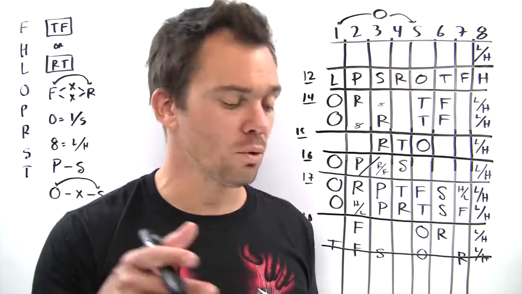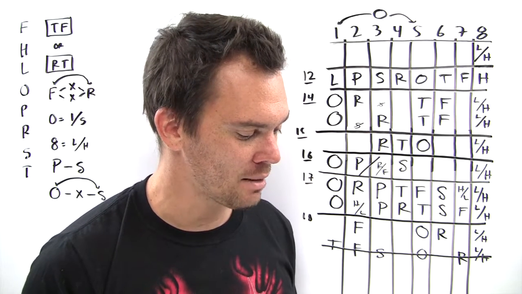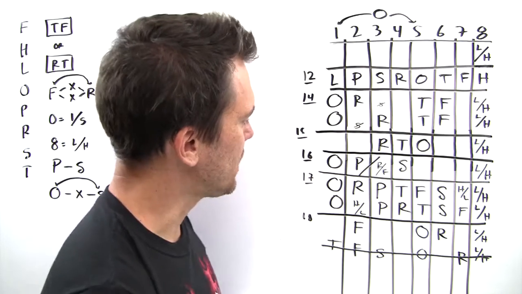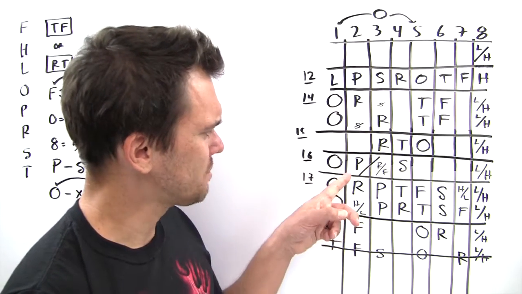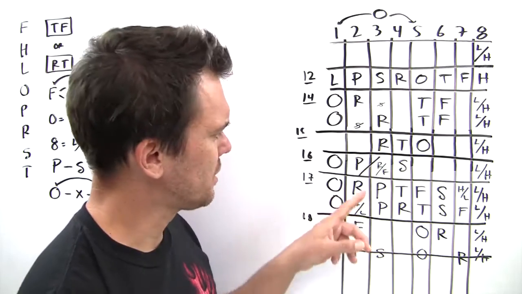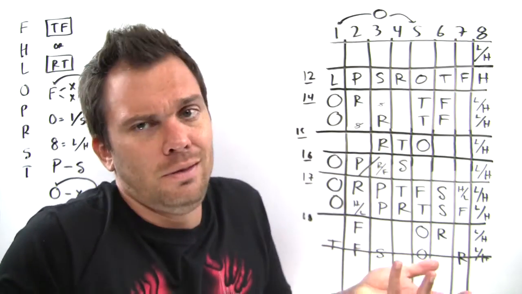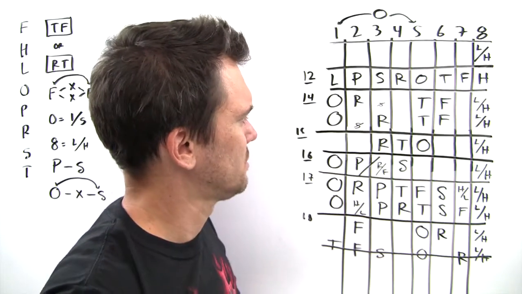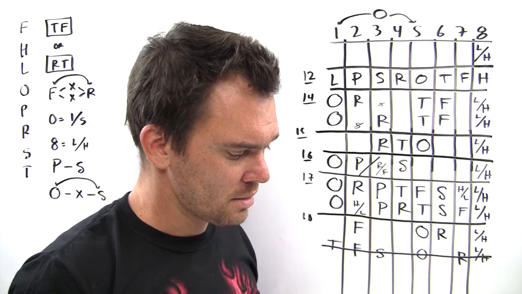And that leaves us with only question 13, P. Alright, we've got P in some places. Second. Yes, P can be second. Third. Yes, P can be third. Fourth. Fifth. Sixth.